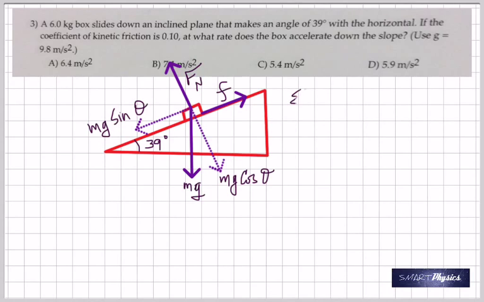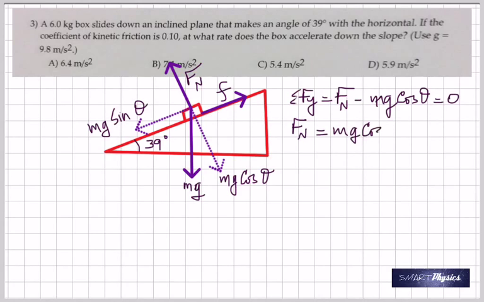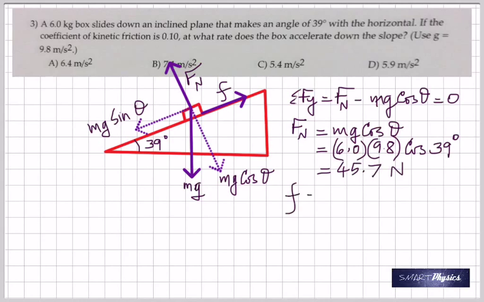Considering the net force along the y-axis, we only have two, so they should be equal to each other. Plug in the values of the mass, and g is 9.8, cosine 39, which gives 45.7 newtons.